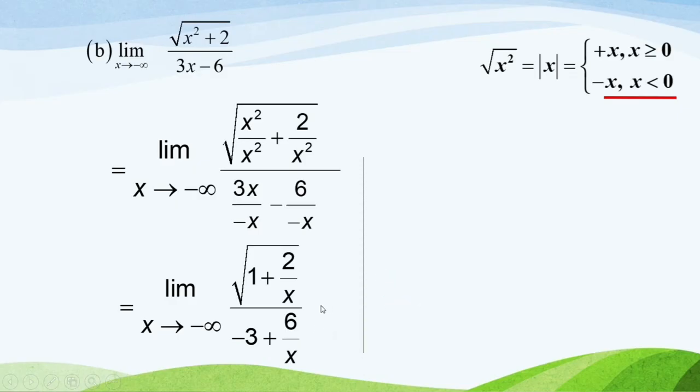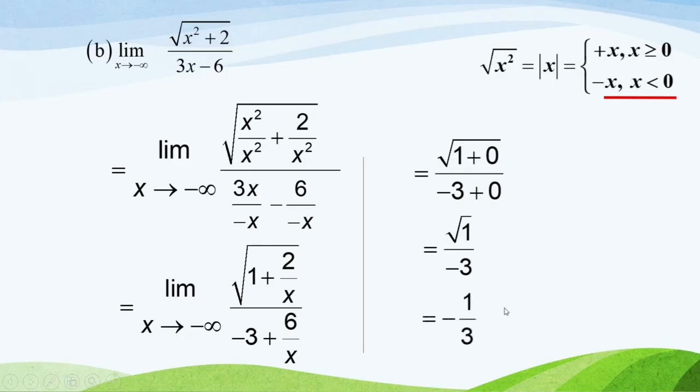When we substitute negative infinity in this limit, we get the square root of 1 plus 0 over negative 3 plus 0, and we get the square root of 1 over negative 3. The square root of 1 equals 1, so the answer is 1 over negative 3, or we can write negative 1 over 3.